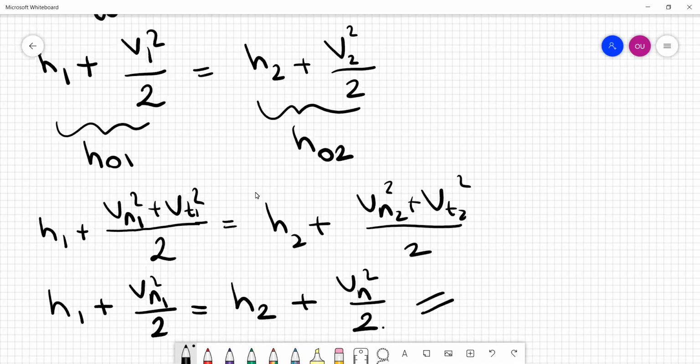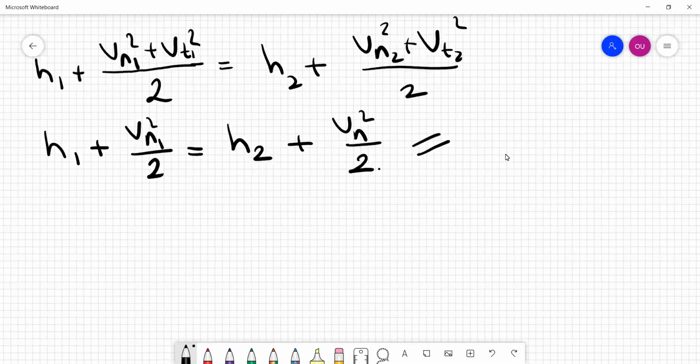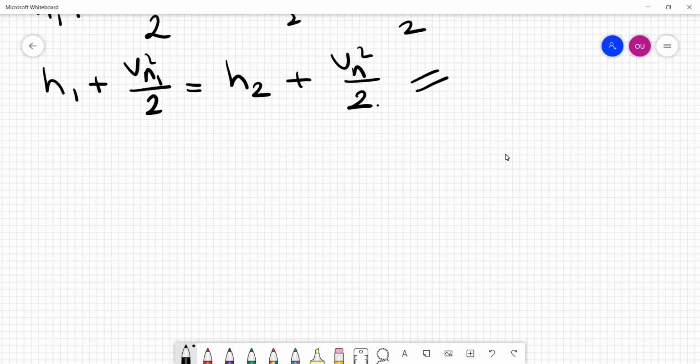So as a result, what I can say as a summary is this: for an oblique shock, we use normal shock relations for the normal velocity component, or to make it more precise, for the flow that is in the normal direction to the oblique shock. That's it.